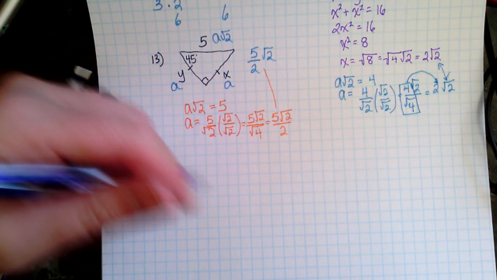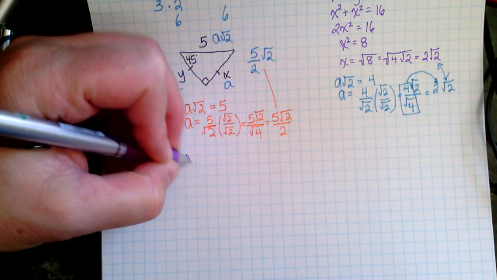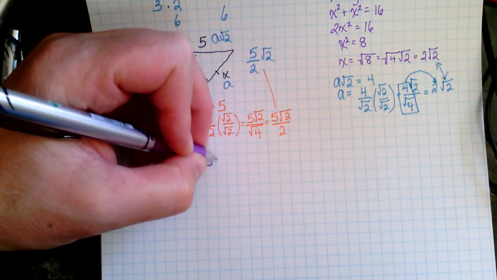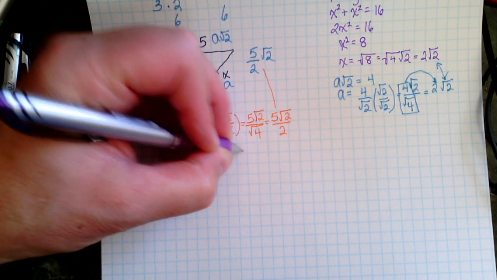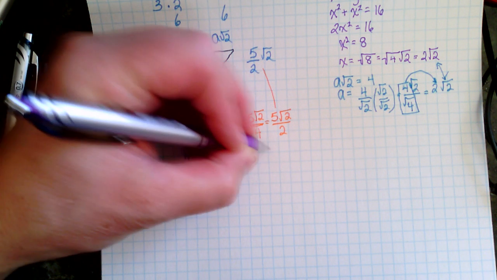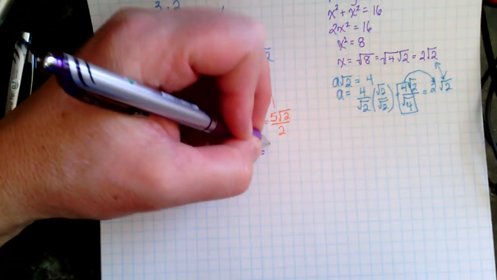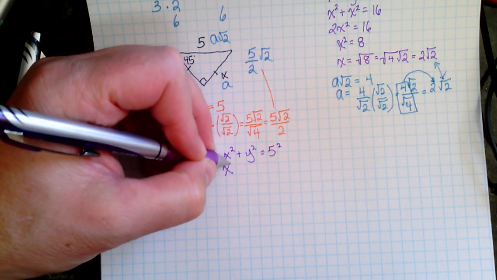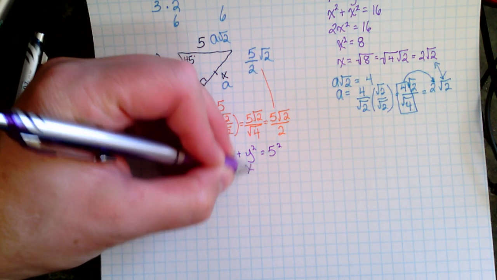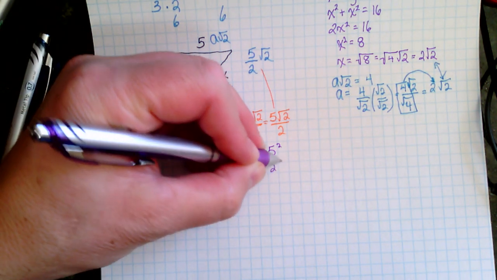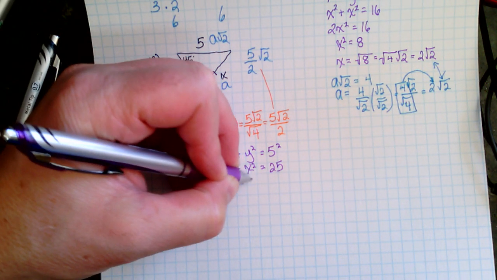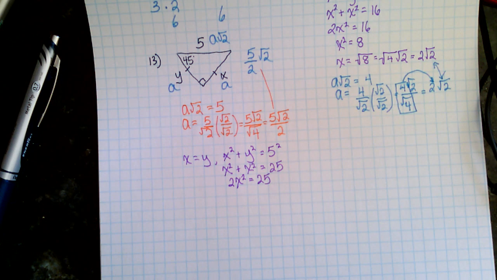If you know that x is equal to y, and also that x squared plus y squared is equal to, in this case, 5 squared, substitute your x and y values. X squared plus x squared is equal to 25. 2x squared is equal to 25.